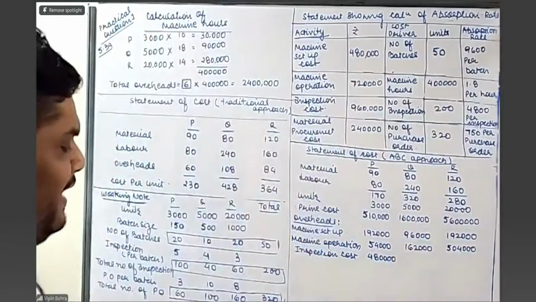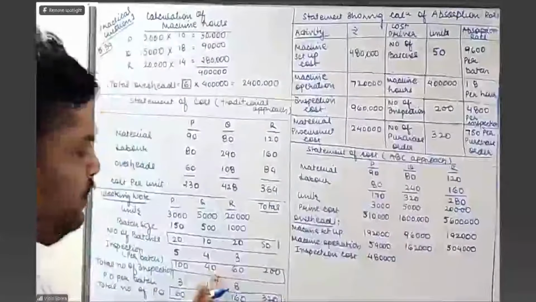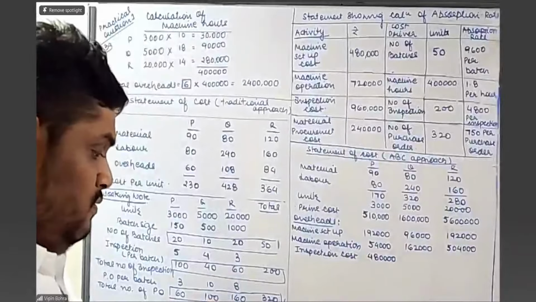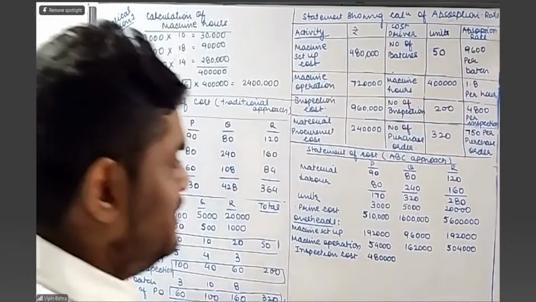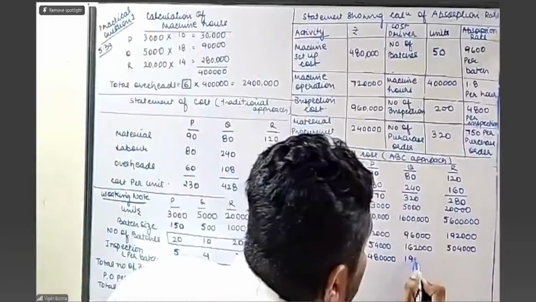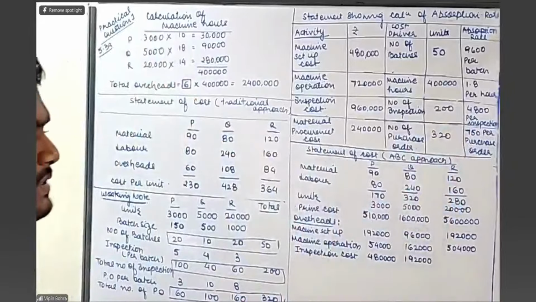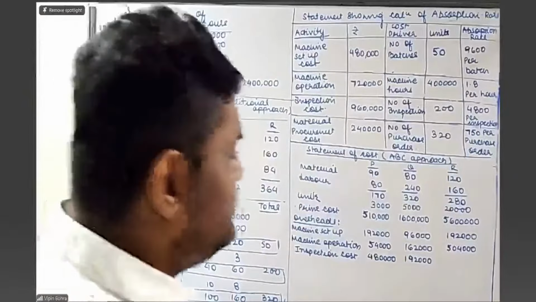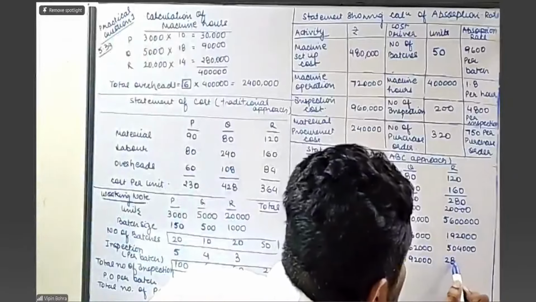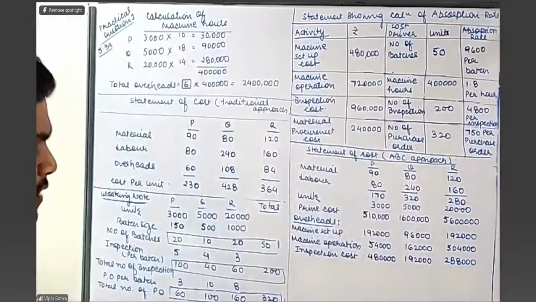This will be 4,80,000. 4,800 into 40. This will be 1,92,000. And 4,800 into 60, that is 2,88,000. We are done with the inspection cost.